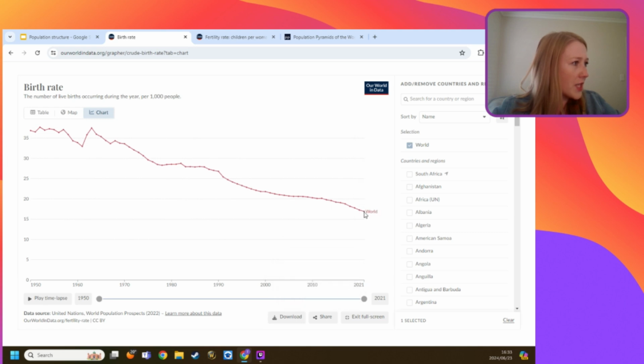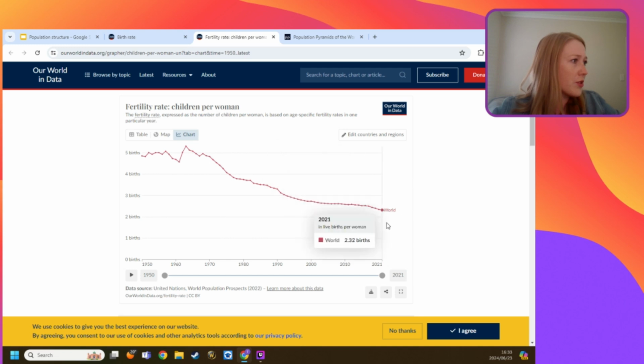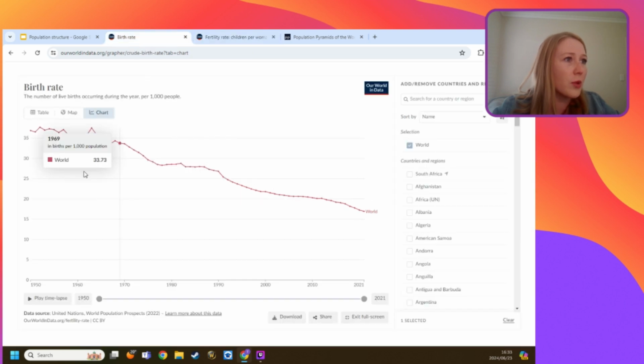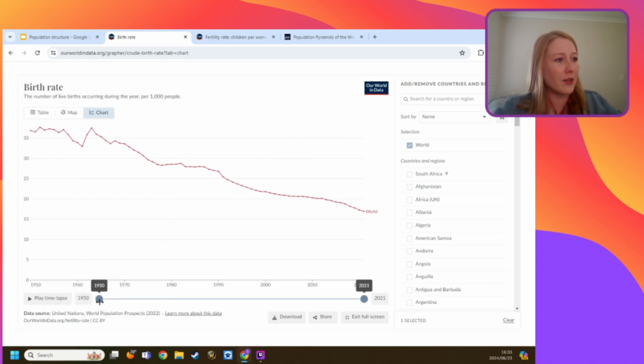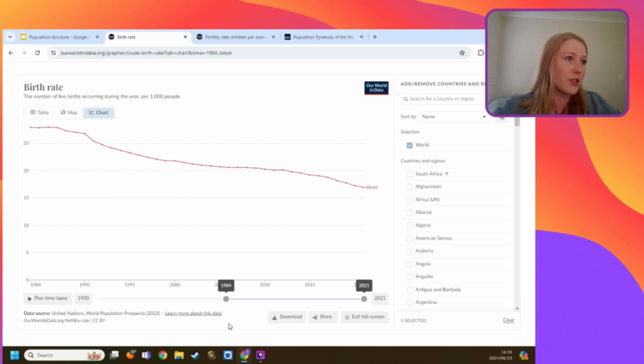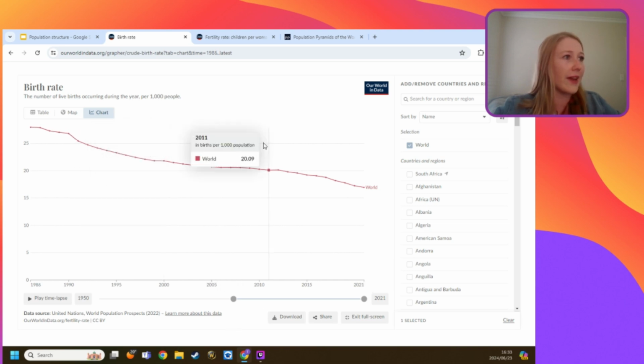And it goes up to 2021. So I want to just check that. Yeah, this ends at the same point. Does it start at the same point? Yes. So whenever I compare graphs, I first make sure that it starts and ends at the same year so that we don't get a distorted view. So let's say I moved the graph to start there.